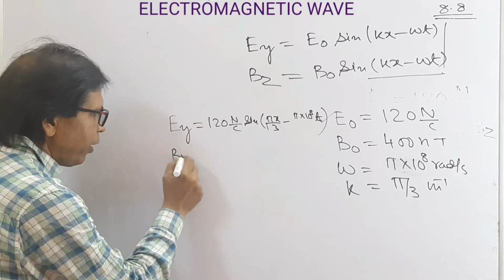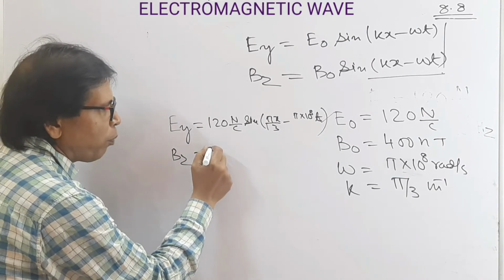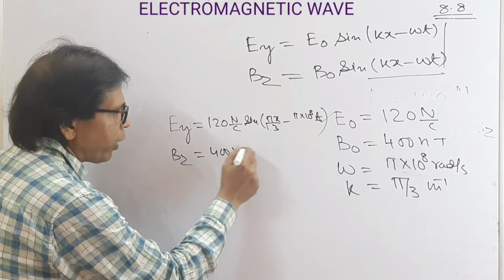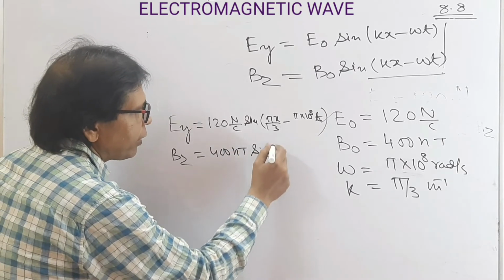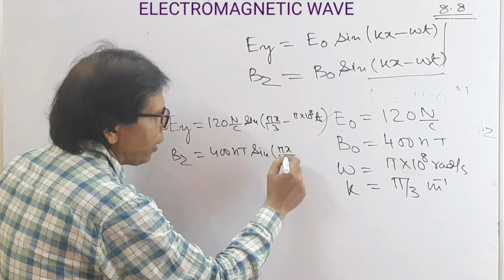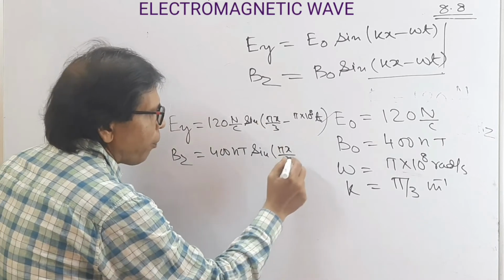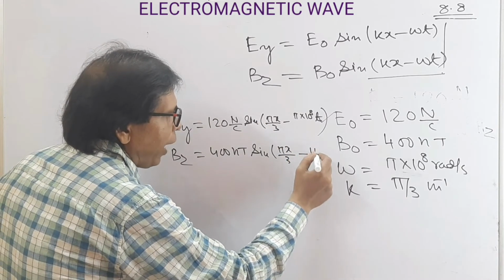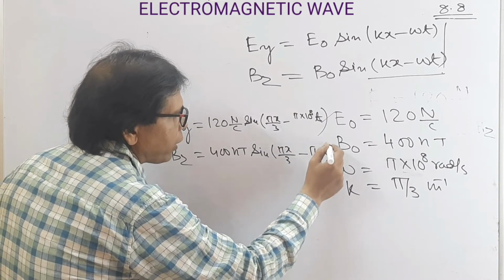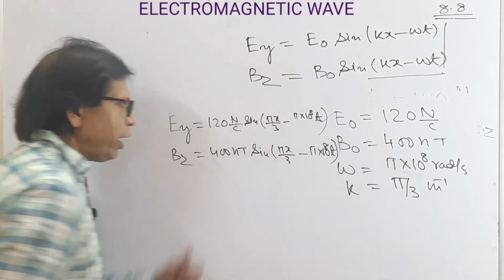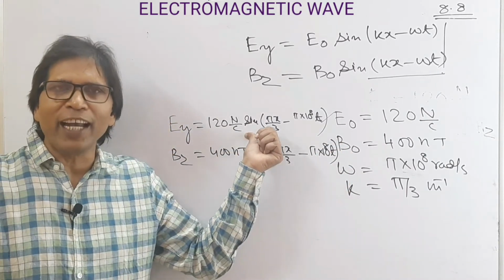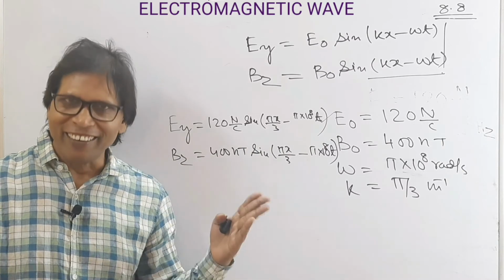Now Bz equals 400 nano Tesla sine of pi x by 3 minus pi into 10 to the power 8 into t. These are the equations of the electric field vector and magnetic field vector. Okay.